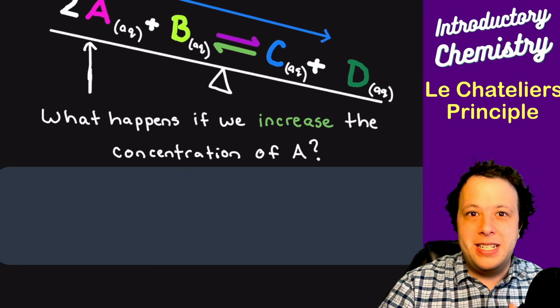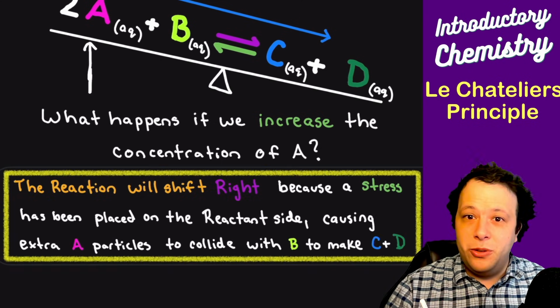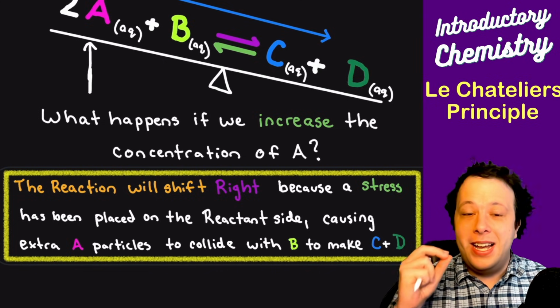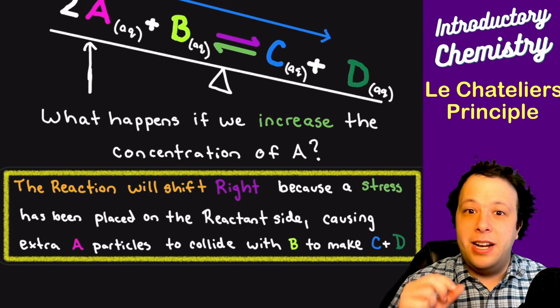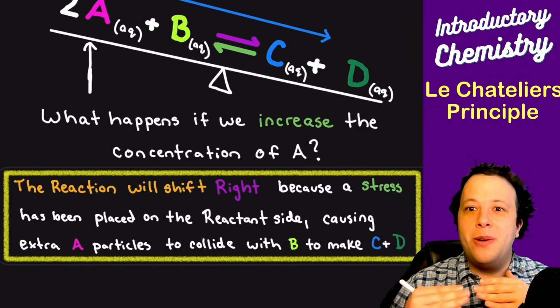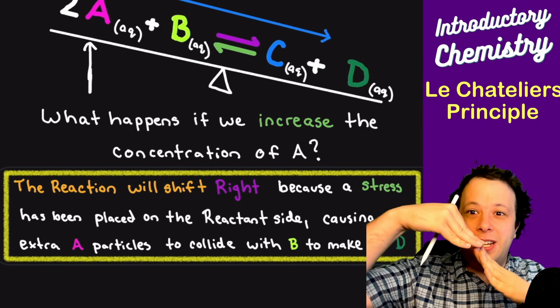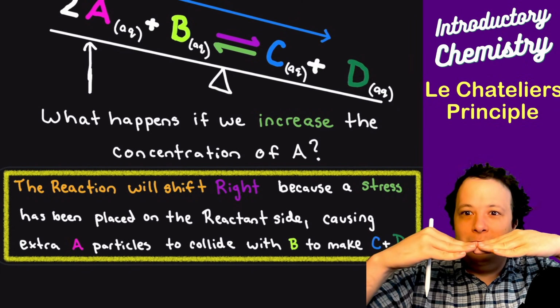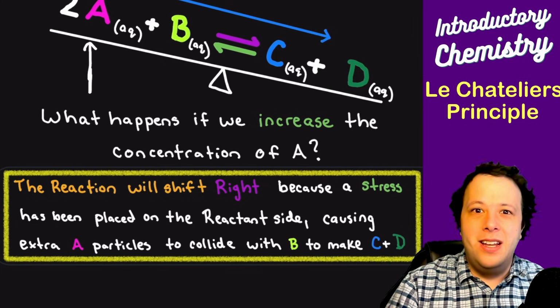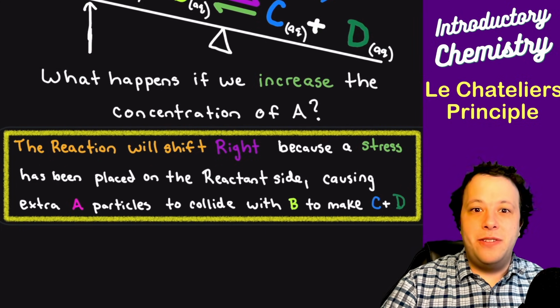In this case, the reaction will shift right because of the stress placed on the system. When you have extra A particles, they will collide with B to make C and D. Over time, those scales will slowly come back to being even after the reaction occurs. So in this case, the reaction would shift right.